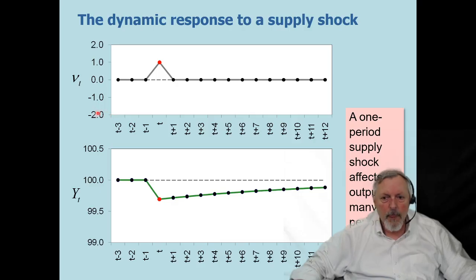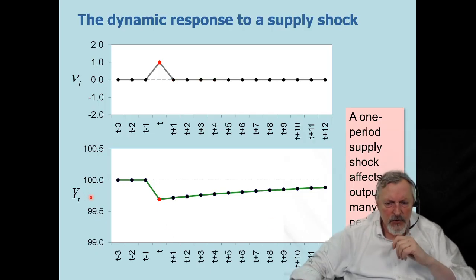As an example, suppose that there's an aggregate supply shock, nu sub t, and the shock is in period t, and the amount of the shock is here, 1. So there's a shock for one period, and then it returns to 0.